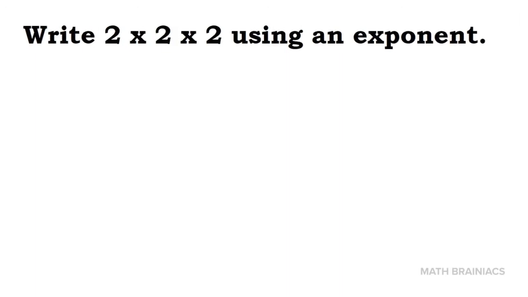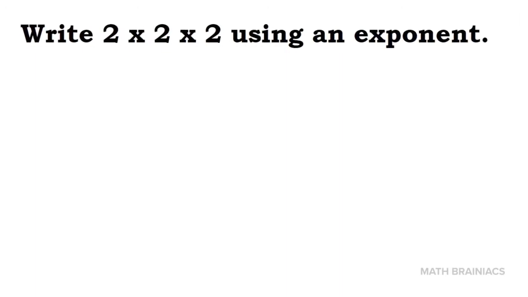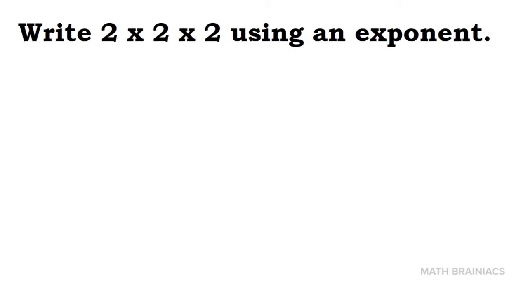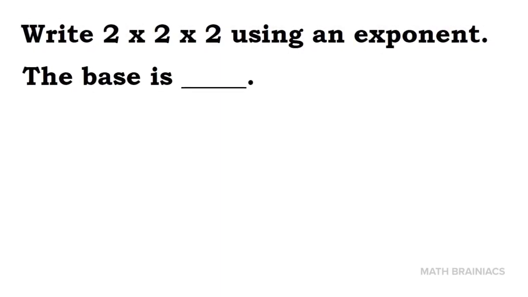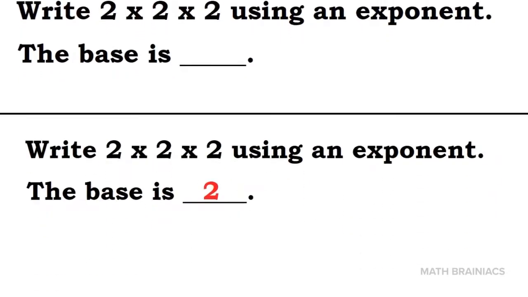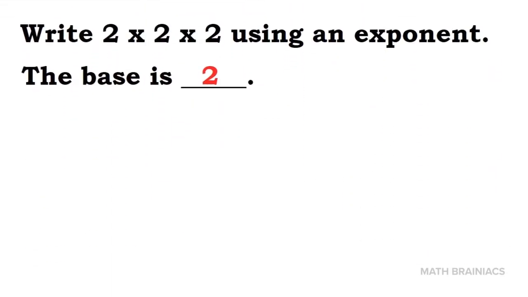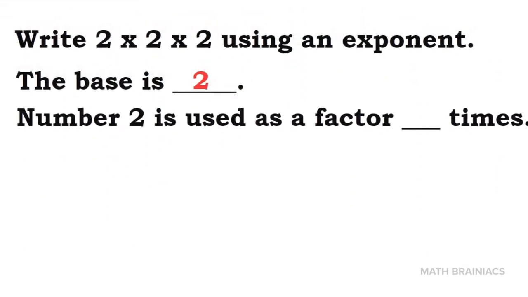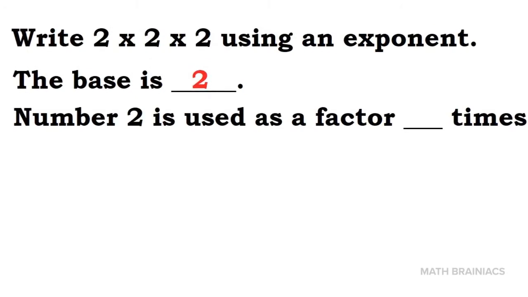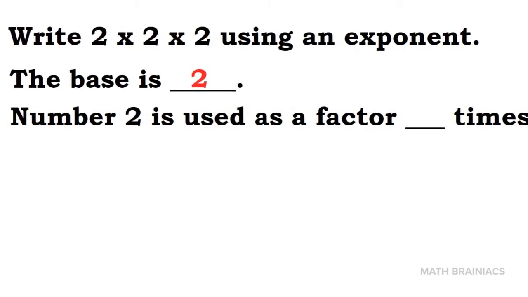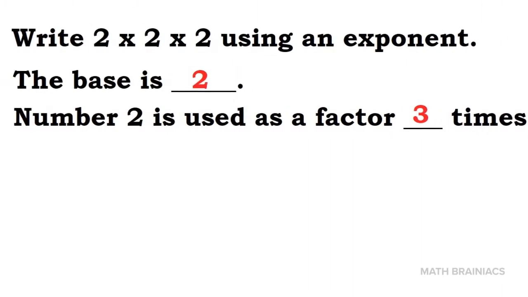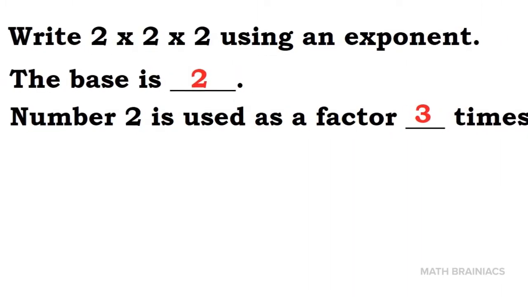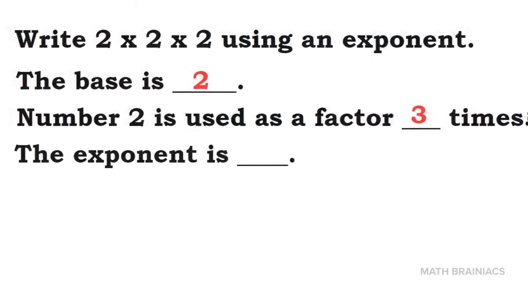Let us work on this example so that you will be guided. Write 2 times 2 times 2 using an exponent. Let us find what is the base. The base here is 2. Straight off, you can identify that number 2 is used as a factor of how many times? 3 times, since you can see that number 2 was multiplied 3 times.